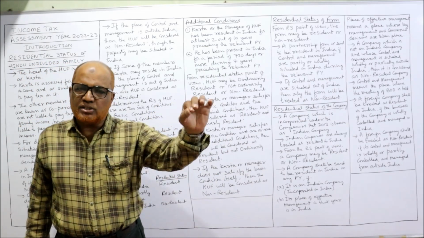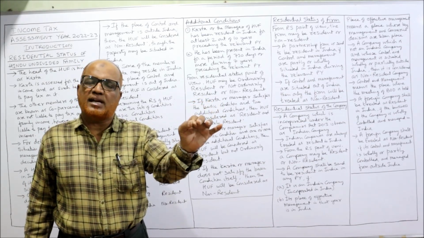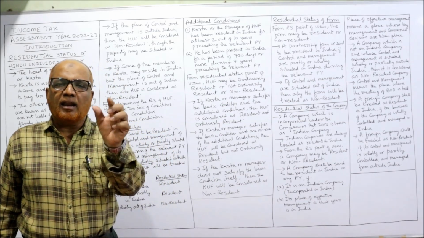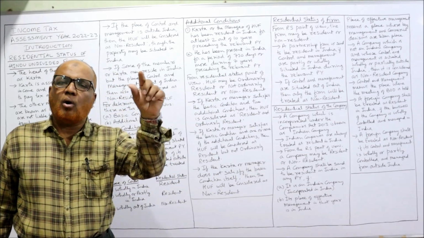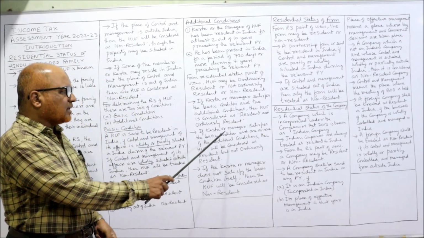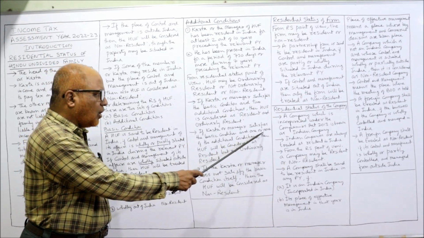So basic condition satisfied, both the additional conditions satisfied, then the HUF will be called resident and ordinarily resident. First rule.